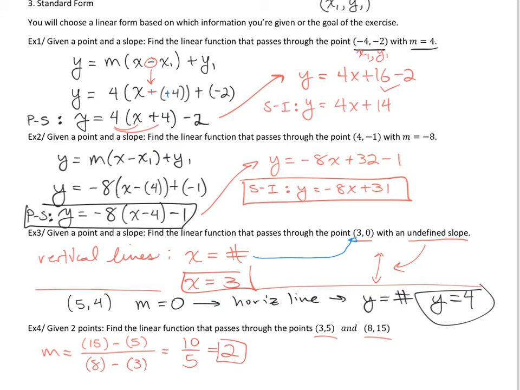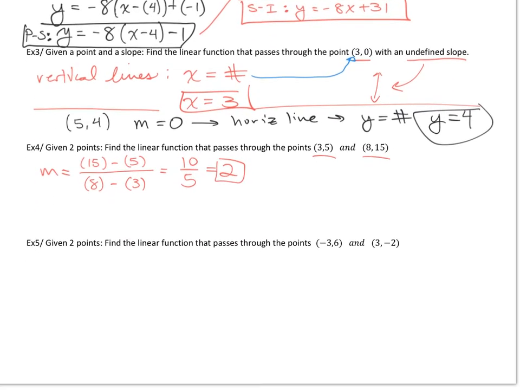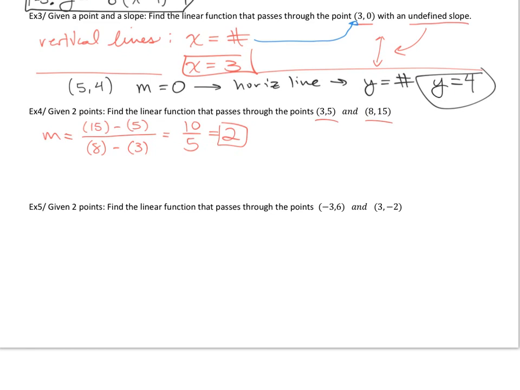Solve it completely for y by distributing the slope and combining like terms. So the only difference between being given a slope and a point and down here being given 2 points is that you have to figure out what the slope is.